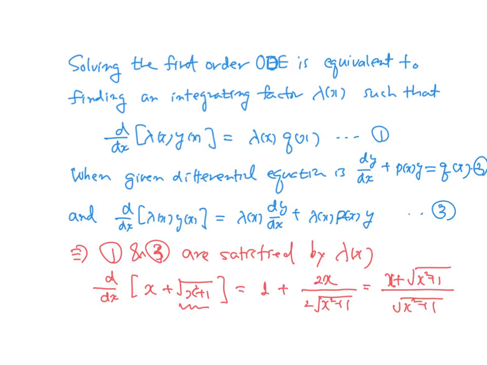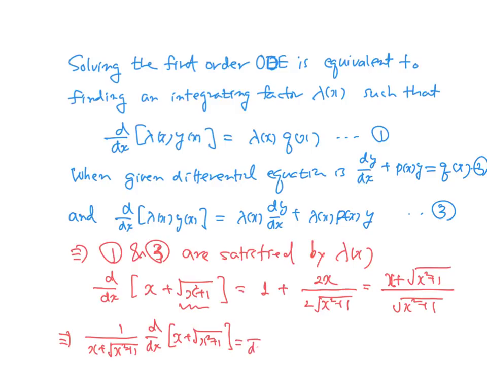So this is also a very interesting property. X plus square root x squared plus 1 d/dx of x plus square root x squared plus 1. And this is nothing but the logarithmic derivative, right?